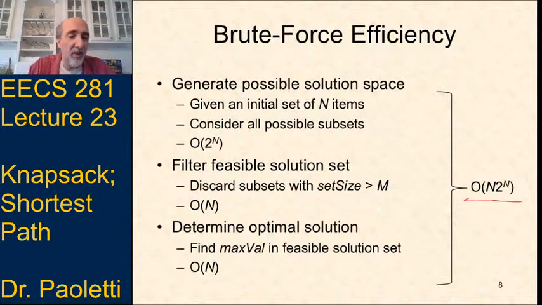And if there's more than like 4 or 5 items in there, if there's 20 or 30 items, while we're busy working through the 1 billion possible subsets of 30 items, what happens? The police show up. So this is not a good solution to the problem. We know it will give us an optimal answer, but we can't really afford the time it takes to do it this way.